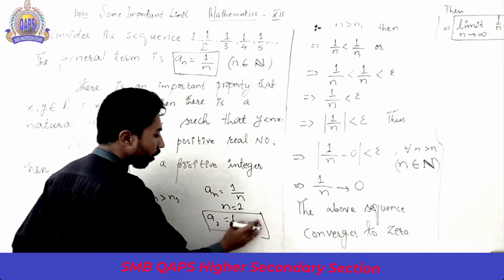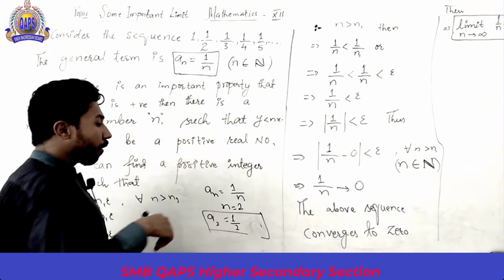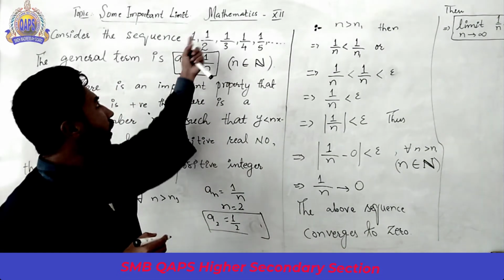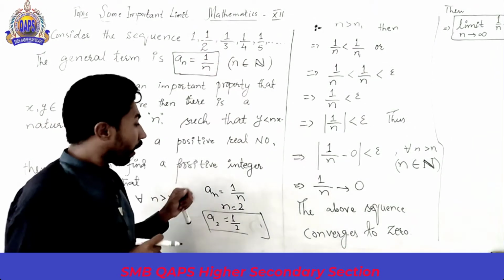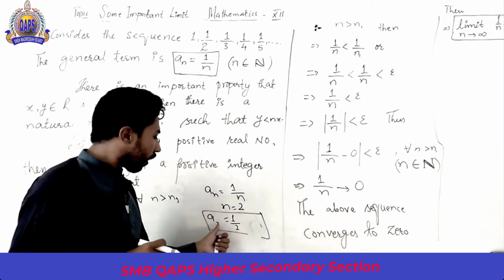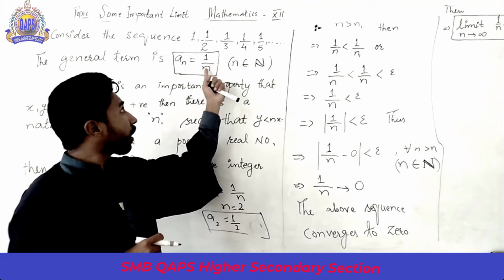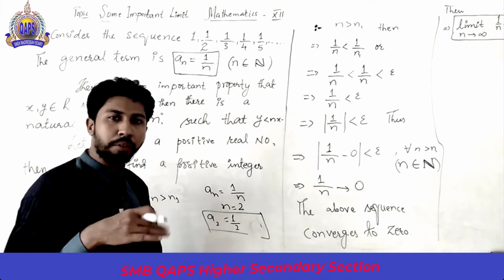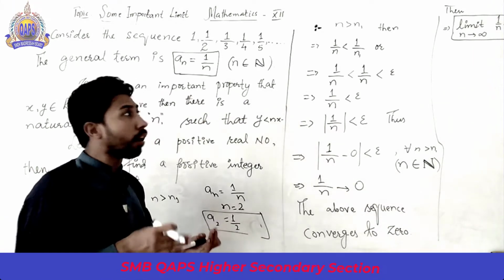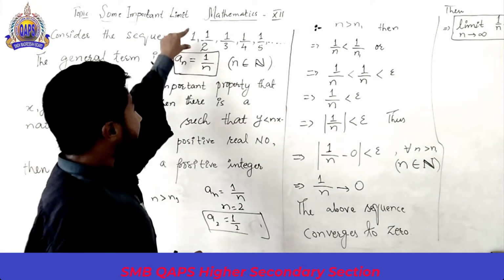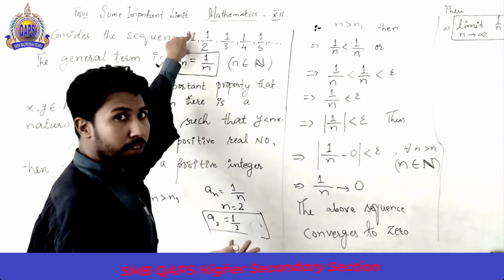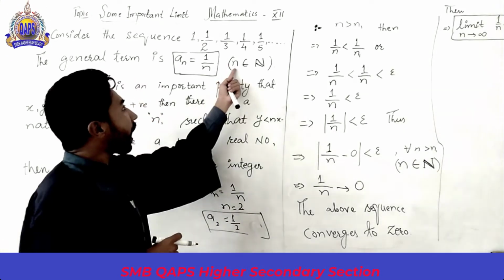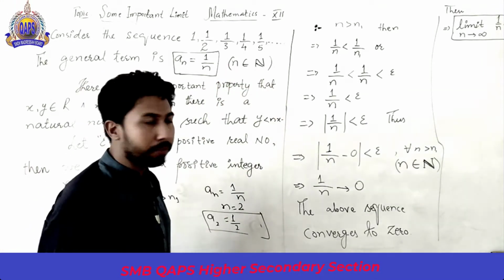Again, if we put 3, the third term is 1 upon 3; for 4, the fourth term is 1 upon 4; the fifth term is 1 upon 5; and the infinity term is equal to 0. It must reduce, or converge, from a higher position to a lower position, and n always belongs to the natural numbers.